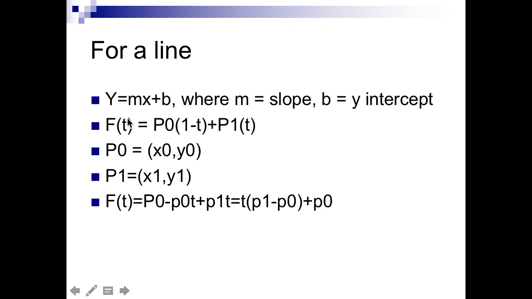The implicit formula, y equals mx plus b, has no limit. It's a line that goes to infinity. And this is a little bit awkward, because what happens if m is equal to 1 over 0? What if you have a vertical line? So then it looks as though this is not a well-posed mechanism for defining a line.